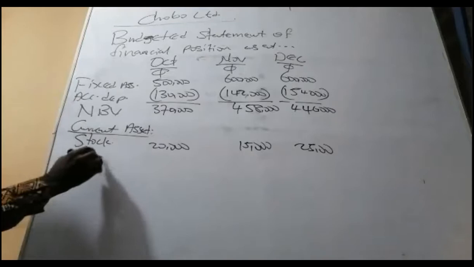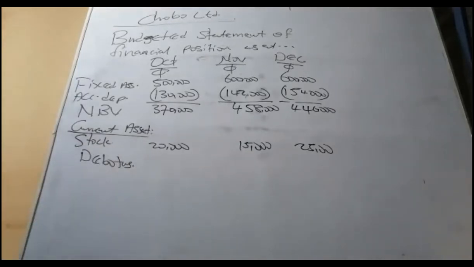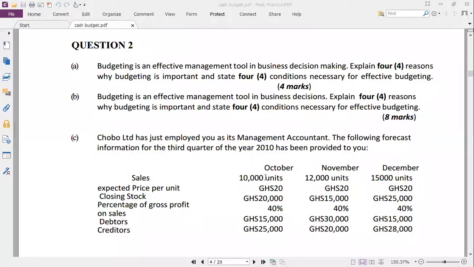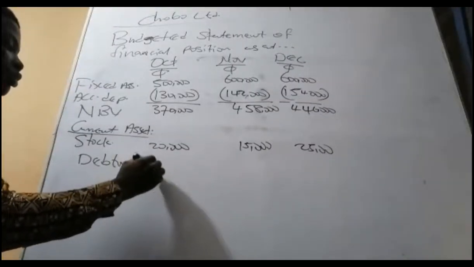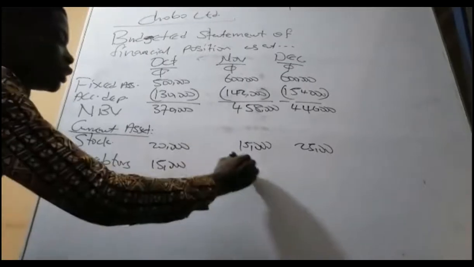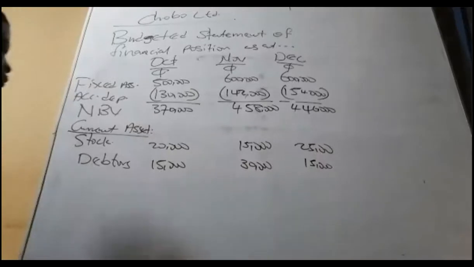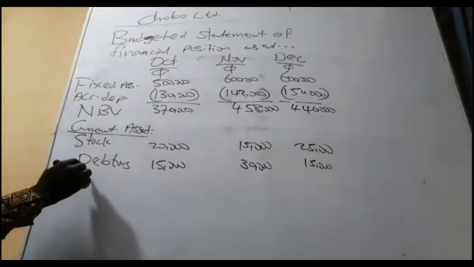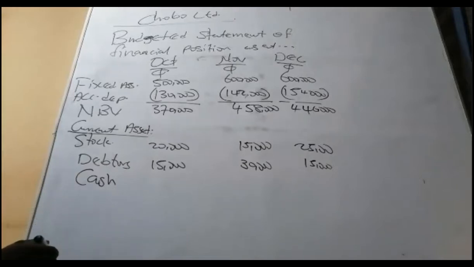You go to debtors. The same thing. Debtors 15, 30, 15. So you go to cash balance.